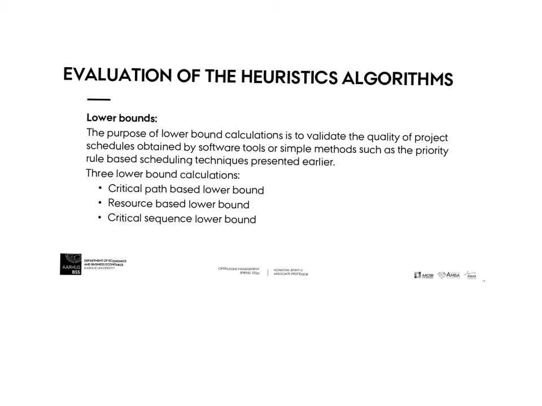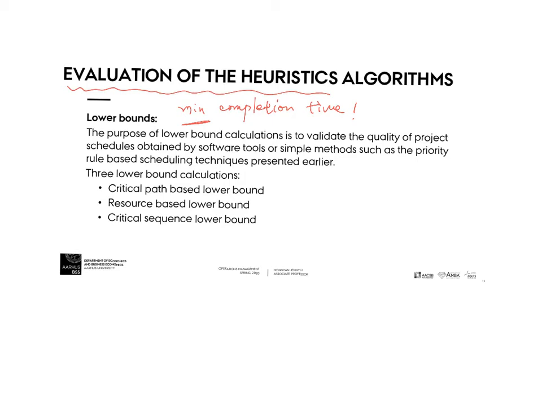I mentioned this case because I would like to continue the discussion about the heuristic algorithms. Apart from finding the solutions, it's also very important that you are able to evaluate the heuristic solution. In this project scheduling case, we try to minimize the completion time, or the project duration, so it's a minimization problem.